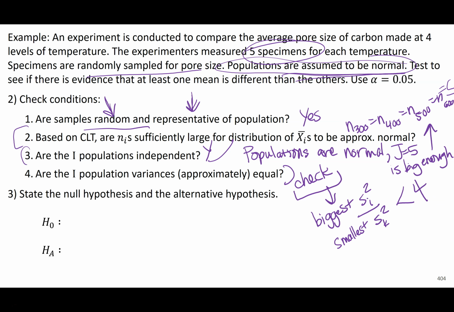So as long as you don't have a sample standard deviation that's at least twice as big as another standard deviation, you're okay. That's our rule of thumb there. And we will go through that in another example. I just don't think we explicitly go through it here.